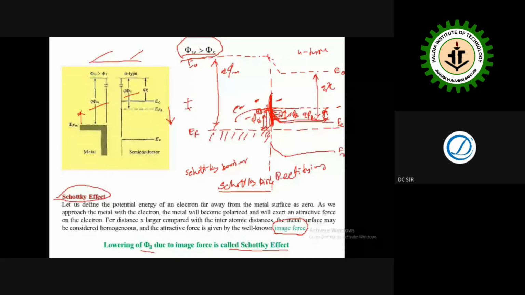Because on both sides the same amount of charge appears, this side negative charge, this side positive charge, and due to this charge there is a force called image force, and this force lowers the barrier. So now the barrier is very low for an electron. When this phenomenon happens, it is called the Schottky effect.